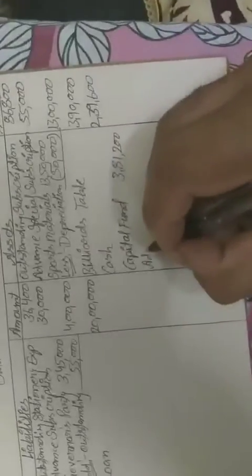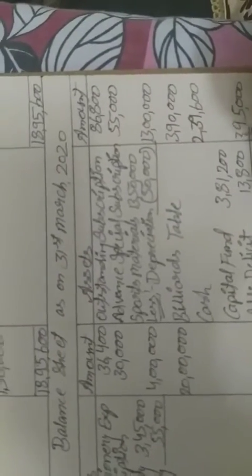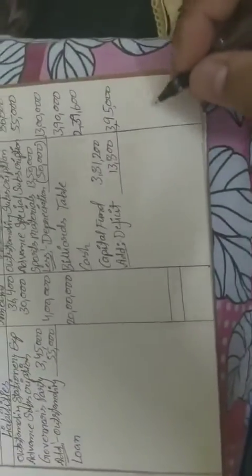The balance left will be 13,800, and this balance will be added to this side. Deficit amount was 13,800, and if we total this, it carries to 3,95,000.